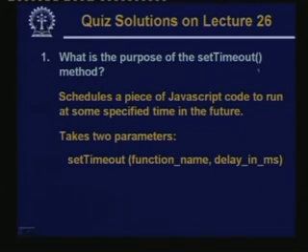Here, I had said, the setTimeout method basically is used to schedule a piece of JavaScript code to execute or run at some specified time in the future. Now, here you must specify 2 parameters to this function or method. The first one is which JavaScript method to invoke, and the second parameter will indicate after how much delay it is to be invoked, and this delay has to be specified in milliseconds.